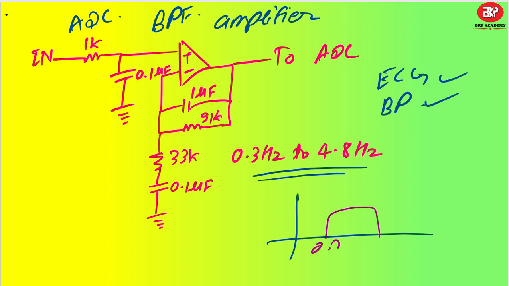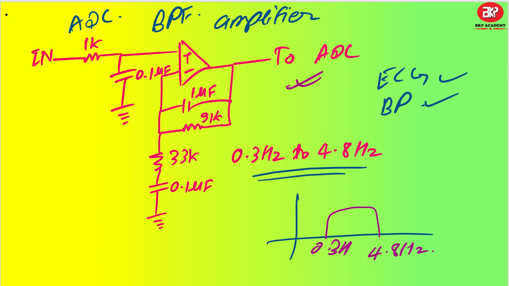This is my 0.3 hertz and this is 4.8 hertz. This will actually save your input signal from external noises and so on. So this is the first stage of filtering. Then another stage is this one, a band pass filter. One is 0.3 hertz using this one, and 4.8 hertz using one of these. Then connect it to your ADC pin.